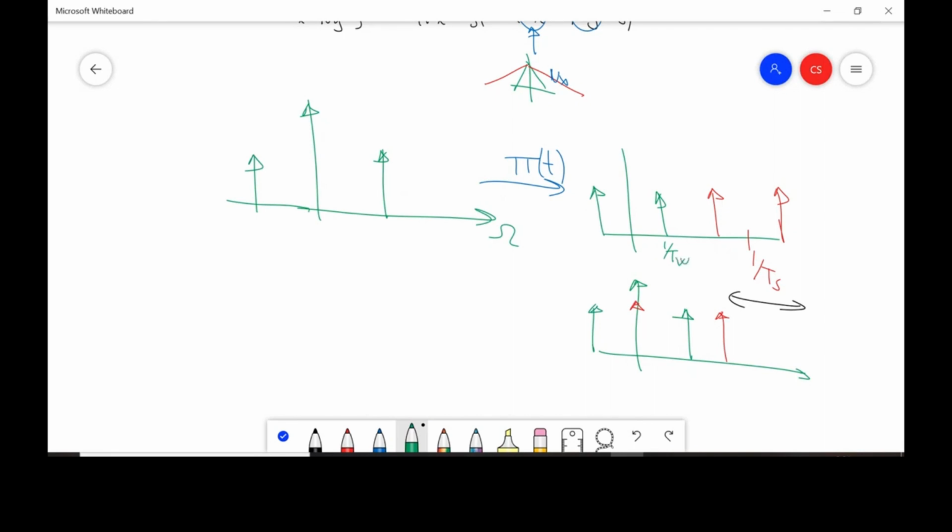So if I make Ts equal to the period of the wheel, this is the pattern I have, right? And then at some point you are doing a low pass filter. So it appears that the wheel is fixed. It has 0 frequency. But actually it is not true. It is simply because of the sampling.